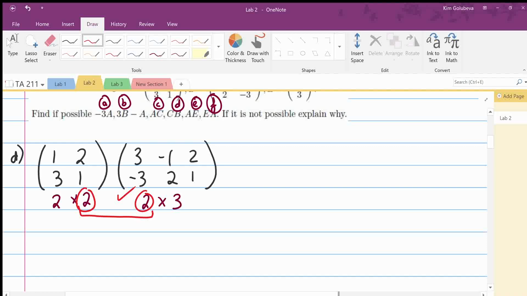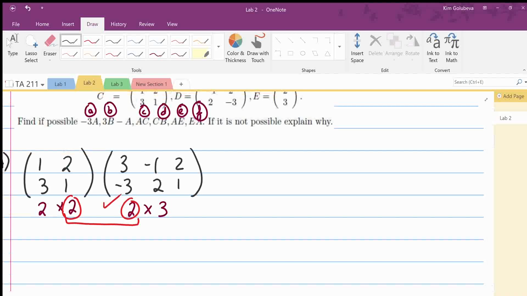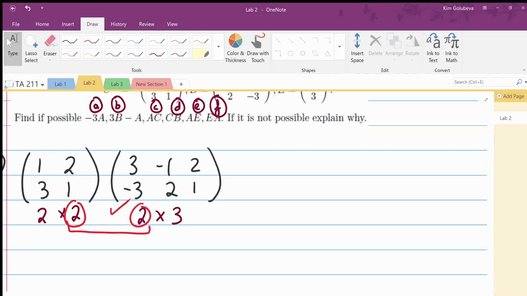So when we multiply matrices together, what we're essentially doing is multiplying the rows of this matrix by the columns of the second matrix.